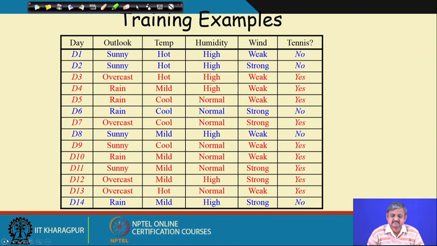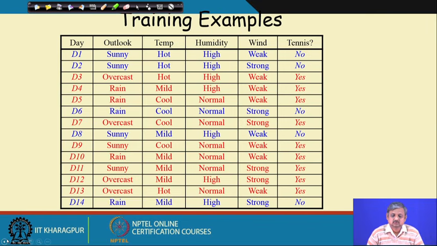Let us see what this table means. In this toy example, the instances or objects that we are talking about are nothing but a day, a day of the week, or some day of some season.